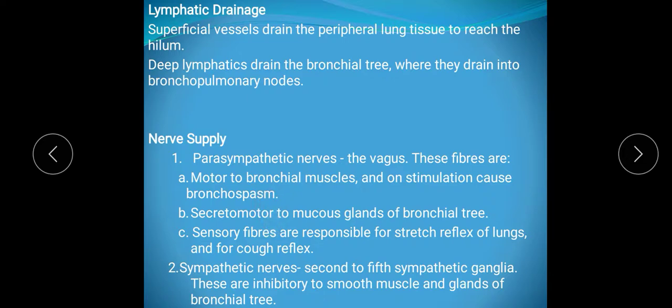They are also secretomotor to the mucous glands of the bronchial tree, and sensory fibers are responsible for the stretch reflex of the lungs and for the cough reflex. The sympathetic nerves are from the second to fifth sympathetic ganglia. These are inhibitory to smooth muscles and the glands of the bronchial tree. These are the nerve supply.